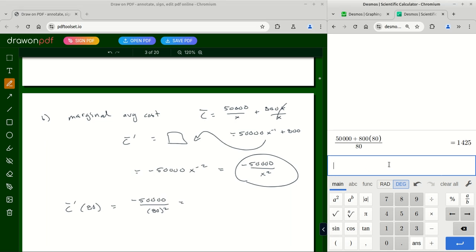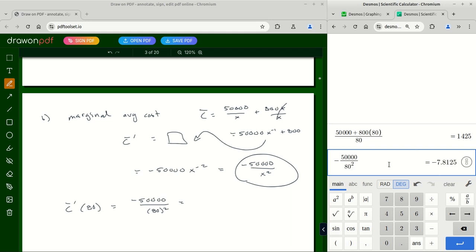Yeah, I'll go ahead and do it. Yeah, that's what I got. Perfect. Make sure you got the negative there. There's your answer. So there's your marginal average cost.